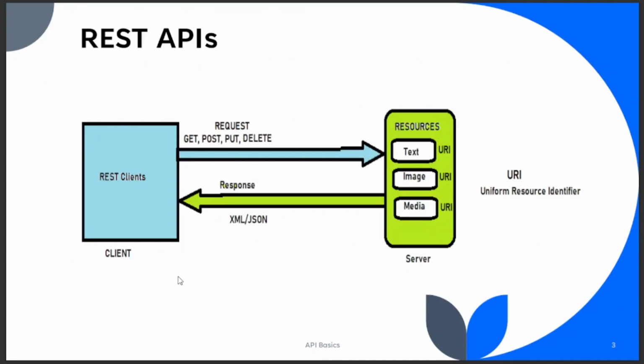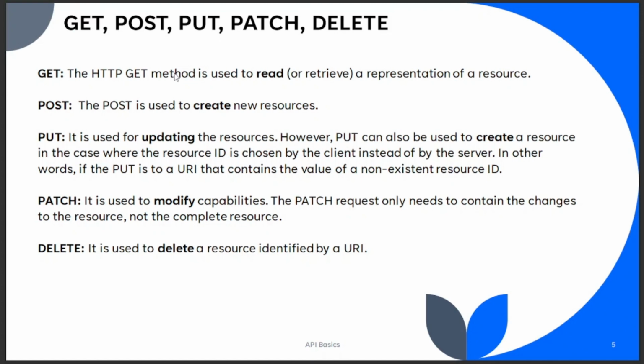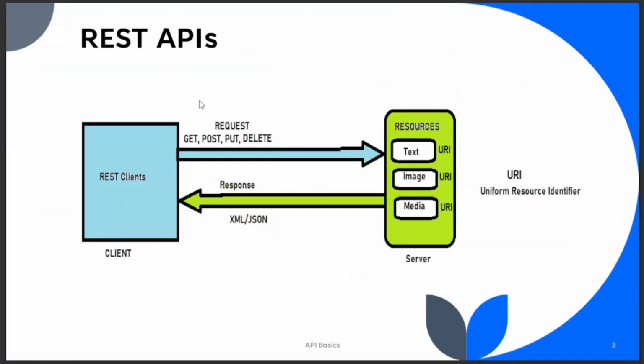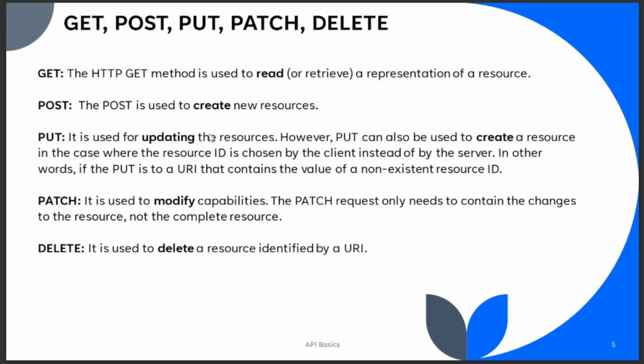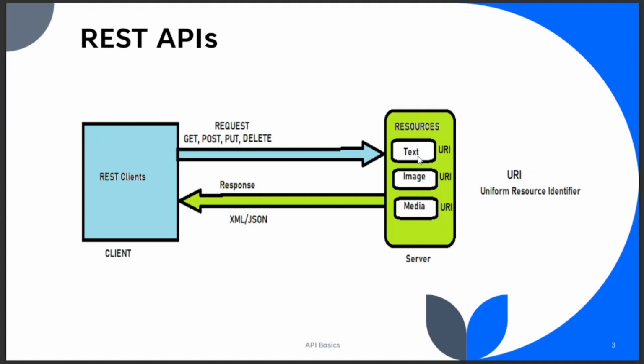Now let's look at a high-level understanding of what get, post, put, and delete mean. Simply, get means retrieving a resource, as it says. Get means I want to get something. Post means I want to create something, creating a new resource. And put means I'm going to update the resource. Whenever I say put, whatever resource is present, I'm going to update the complete resource itself. And patch doesn't completely update the resource.